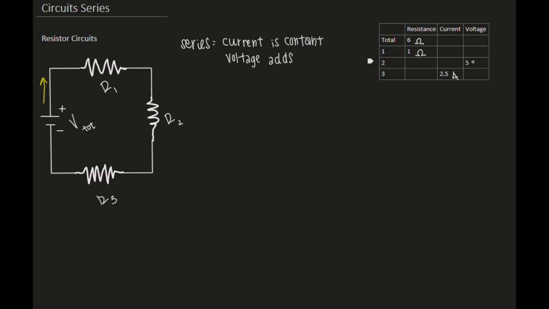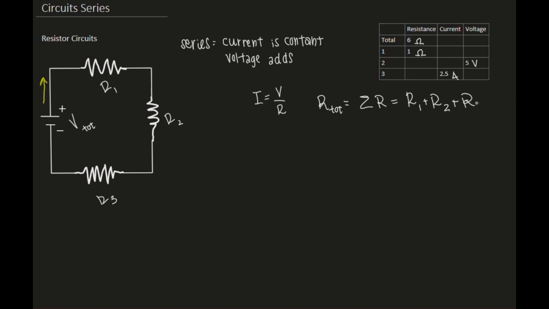We can use our knowledge of Ohm's law, that the current is equal to the voltage over the resistance, and our knowledge of total resistance for an in-series circuit. So for resistors in series, the total resistance is simply the sum of all the resistors. So in this case, it's R1 plus R2 plus R3.